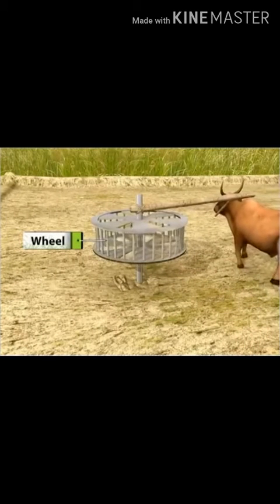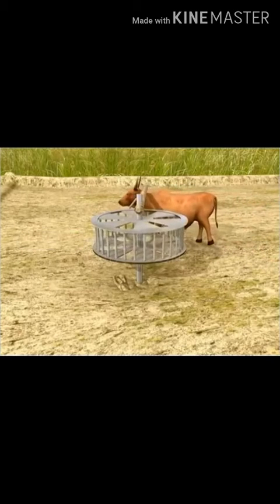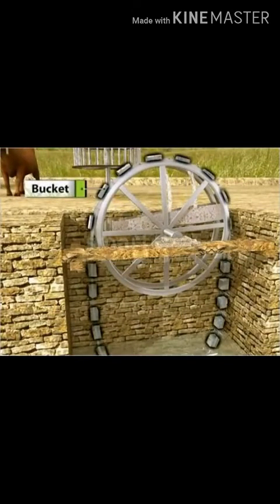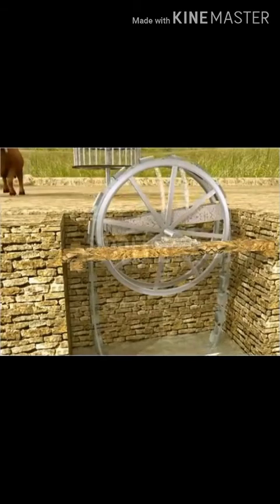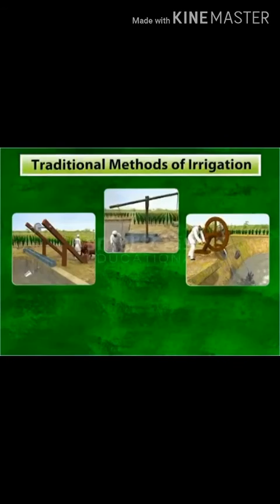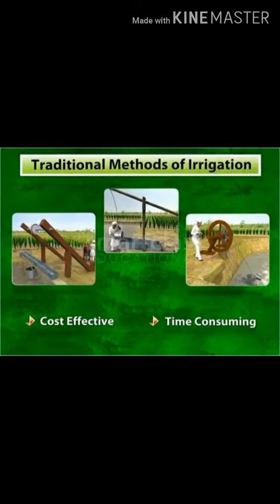As the animal pulls the wheel around in a circular motion, it sets in motion the first wheel with the buckets, which draw water from the water source and irrigate the fields. The traditional methods of irrigation are cost-effective but time-consuming.